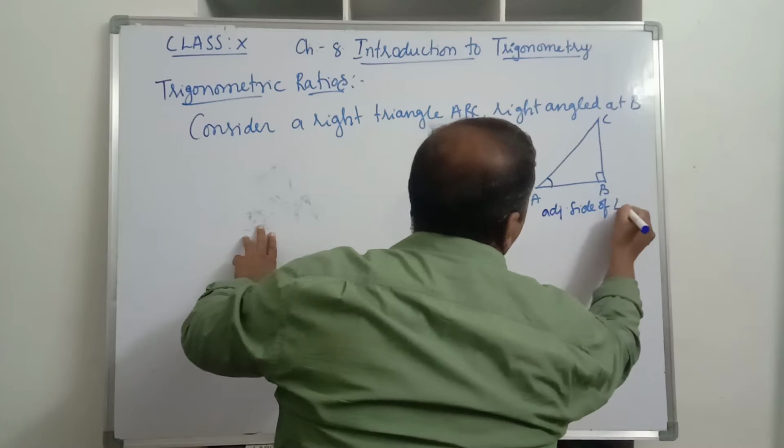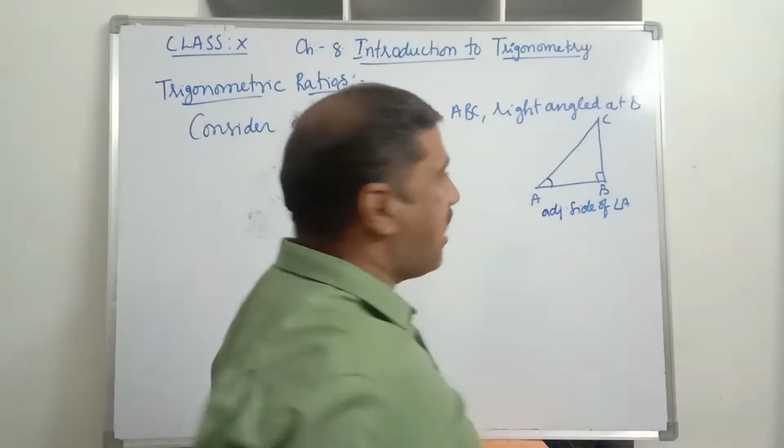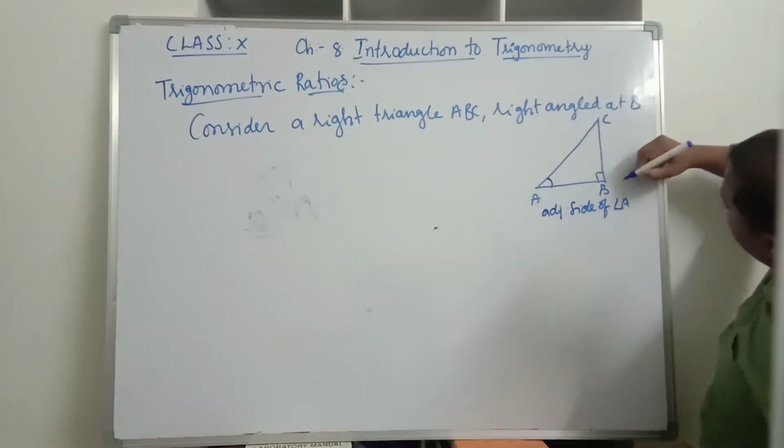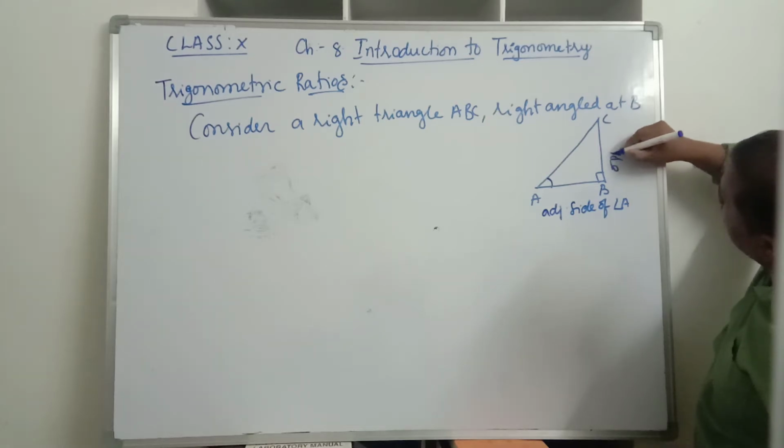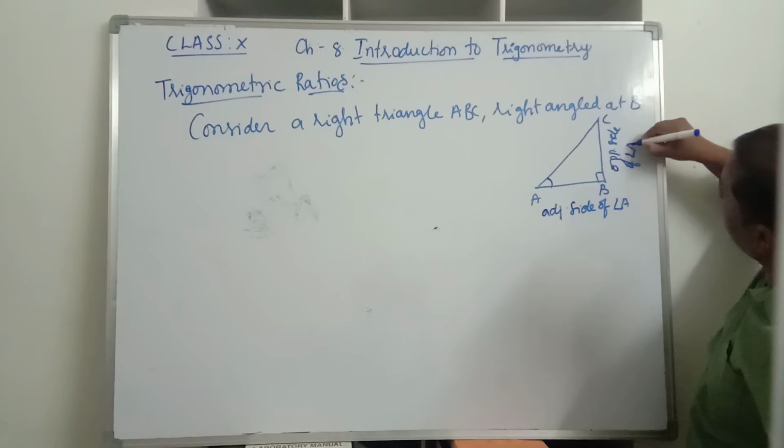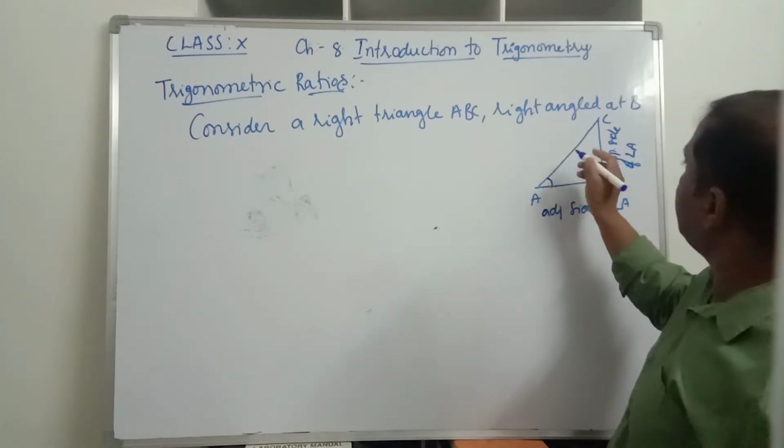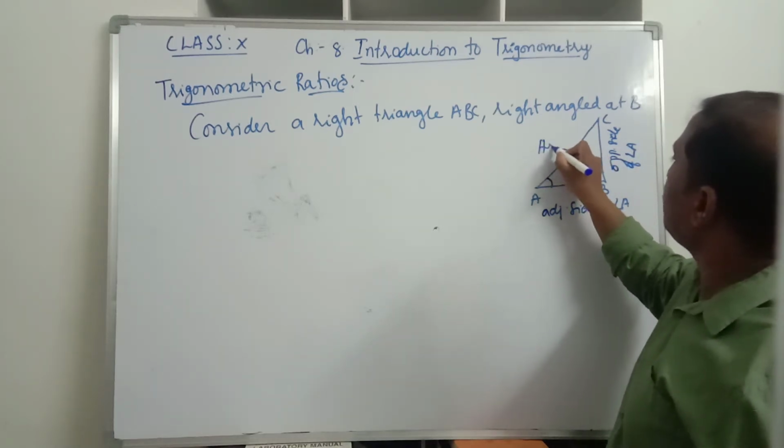BC is the opposite side of angle A. And AC is the hypotenuse.